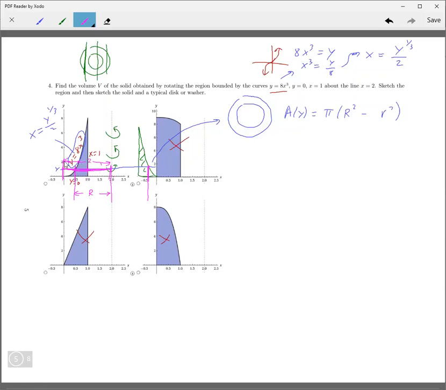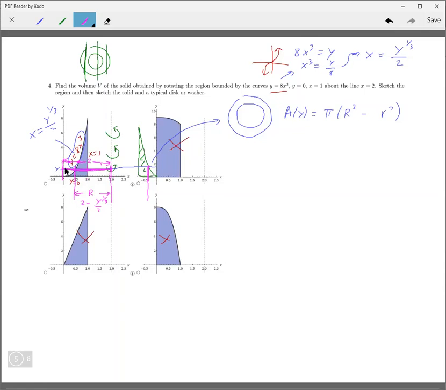And from here to here is y to the 1/3 over 2. So that's going to be 2 minus y to the 1/3 over 2. That's what this distance is going to be.